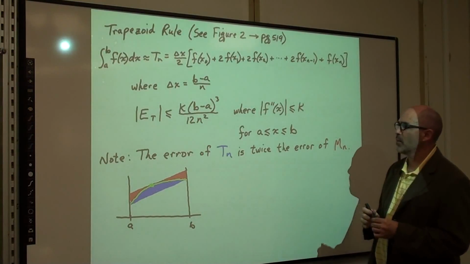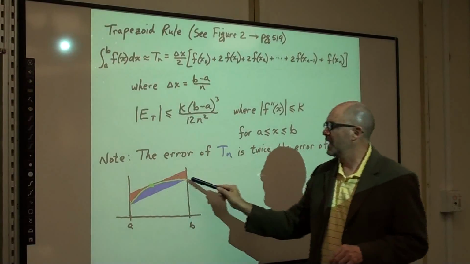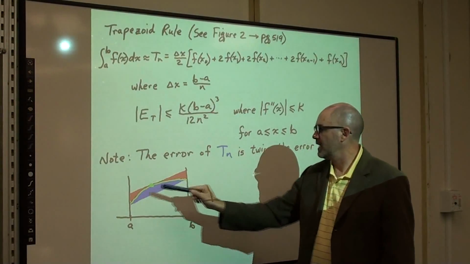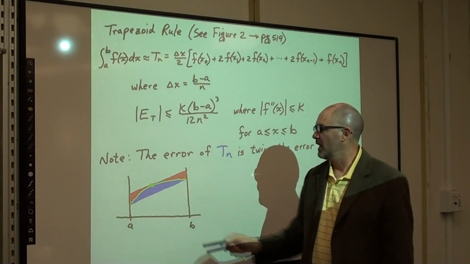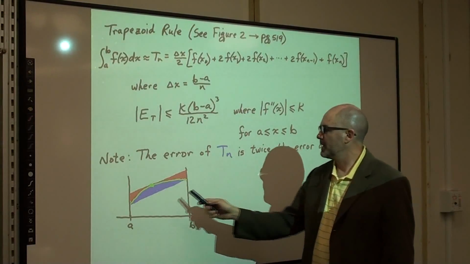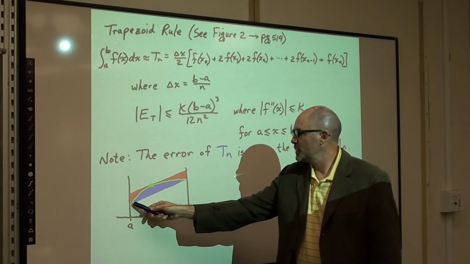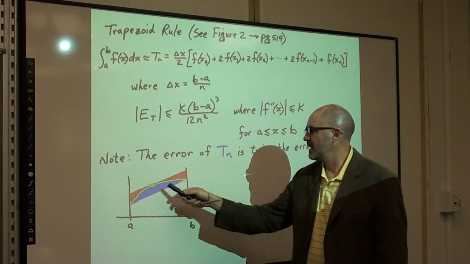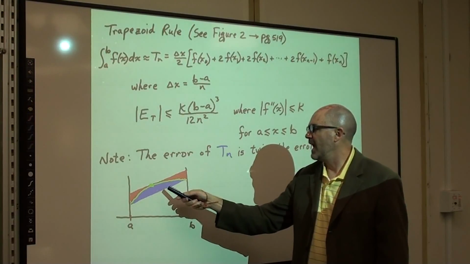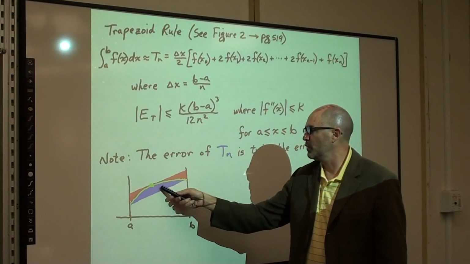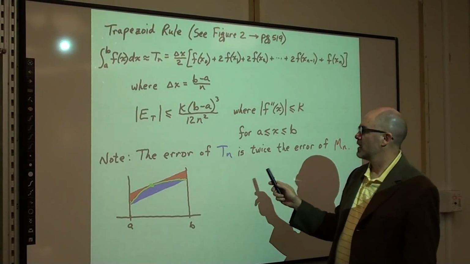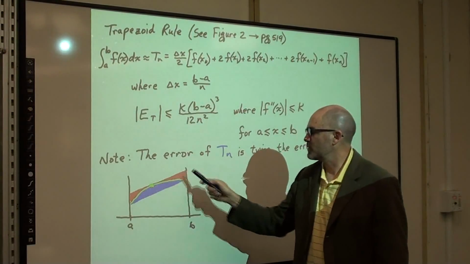Here's a sketch of why that would be. If our curve between a and b is this green curve here, the trapezoid would just cut the curve off from beginning to end. So the error in the trapezoid would be the blue section, and the error in the midpoint would be the red section.